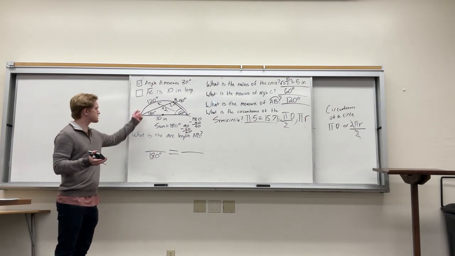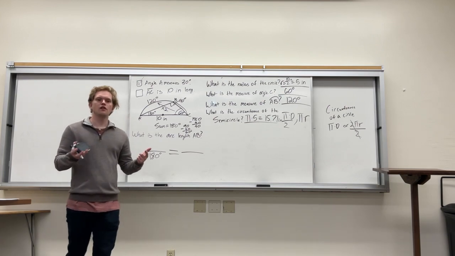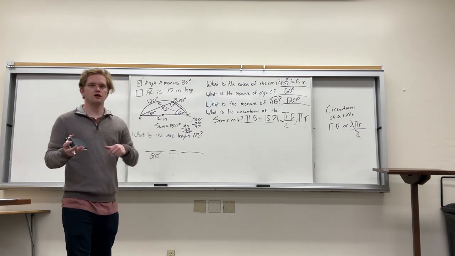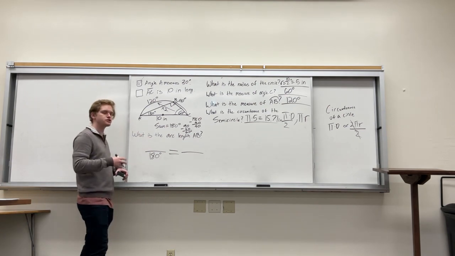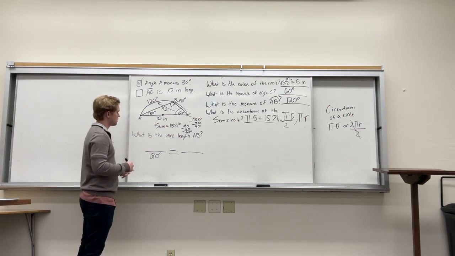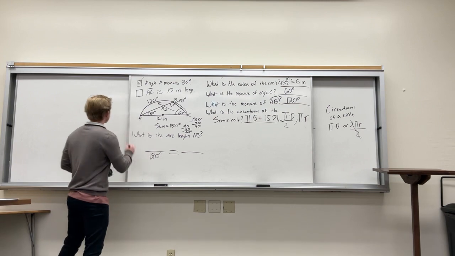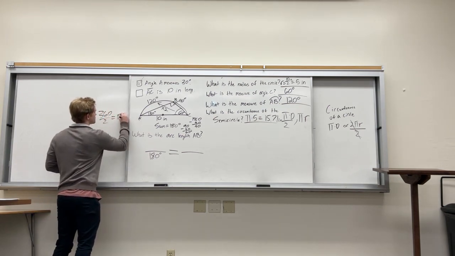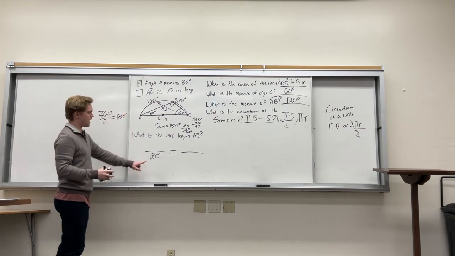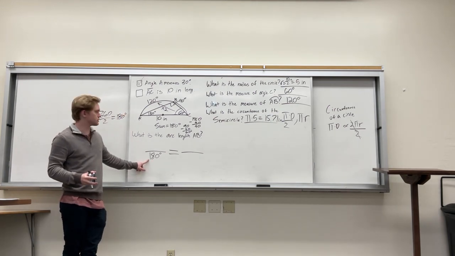Well, we're using a semicircle, right? And if a semicircle is half of a circle, that means that the measurement of the entire semicircle is going to be half of a total circle. Therefore, half of 360 is 180. That's where we get 180 degrees from.